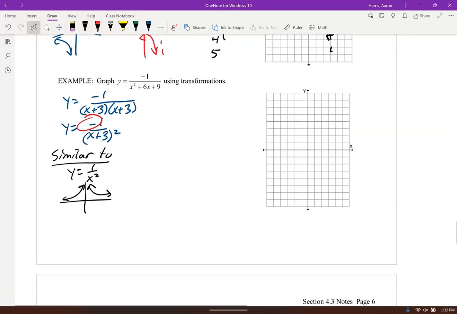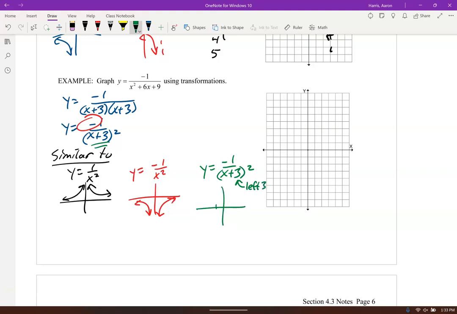Now I flip that over, and it looks like this, right? And then what does the plus 3 inside of it do? Right or left? Left. Good. So that's left 3. So now it's like this. That's kind of what this thing looks like.